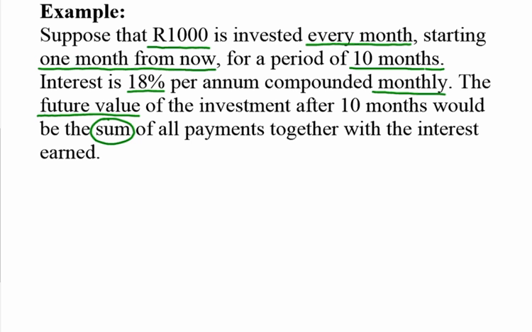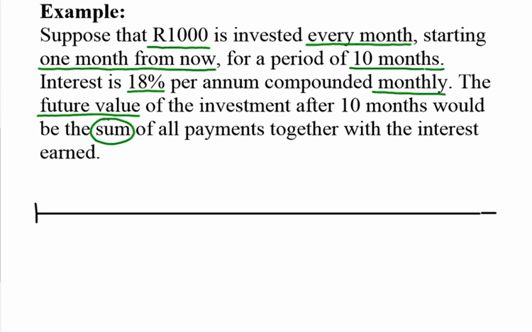Okay, so here's my timeline. I know that we've got a total of 10 months, so let's just pop the line in there. See if I can get these roughly equal.